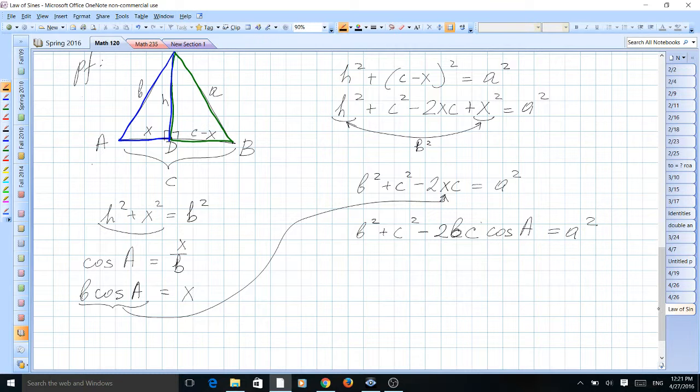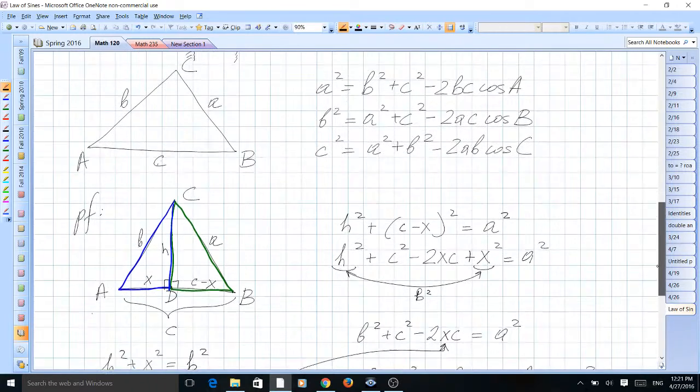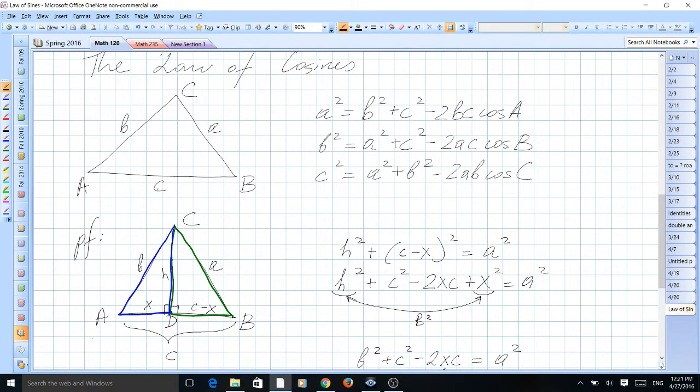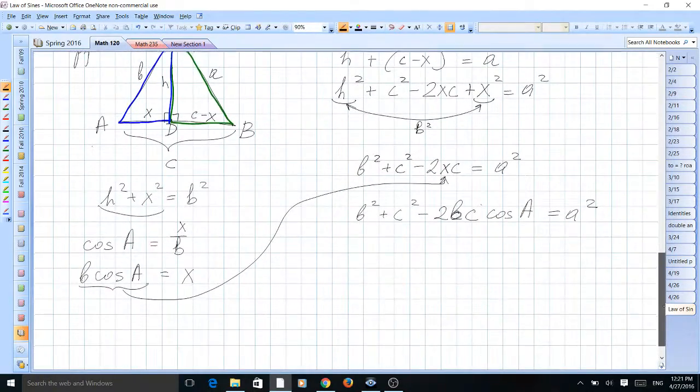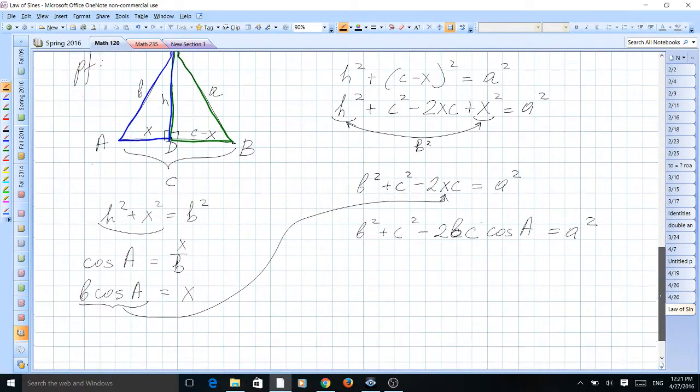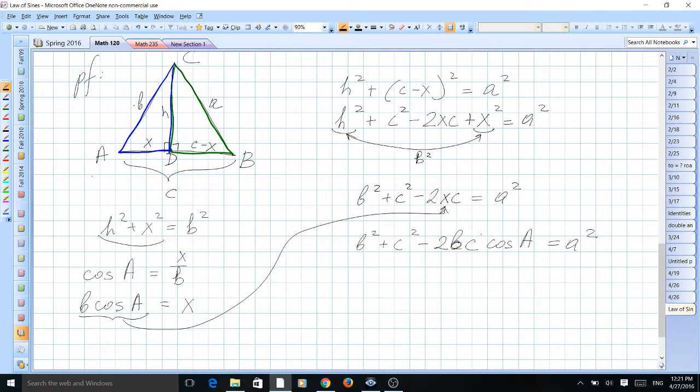This is one of the expressions. In particular, this is the first expression. Similarly, I can drop the height from angle A or angle B to get the other two equations. This is it for the proof.